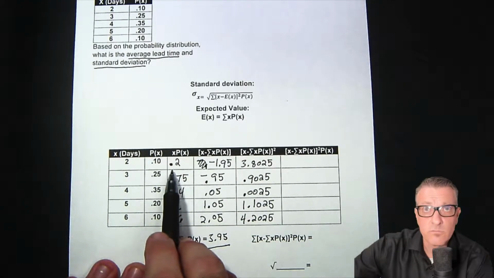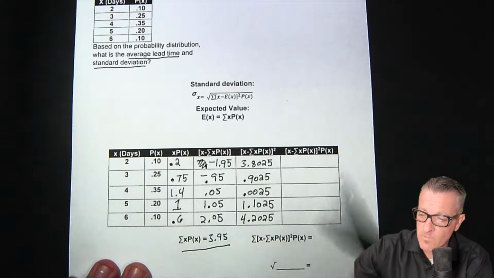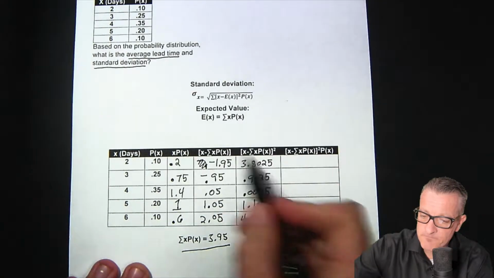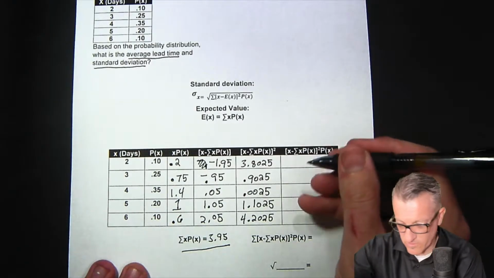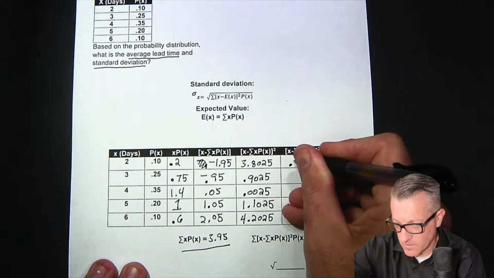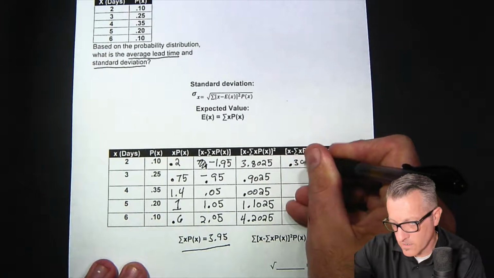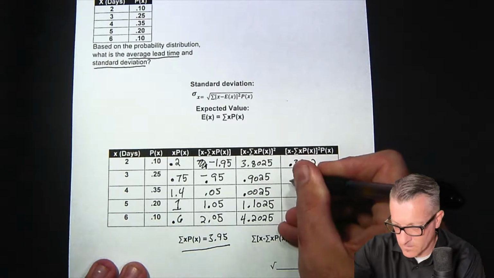Make sure you don't multiply it by this column. Multiply it by this column right here. Okay. So when we multiply this value by that value, this is what we get. I'm going to write them in. Like I said, make sure you at least go out 4 places most of the time.